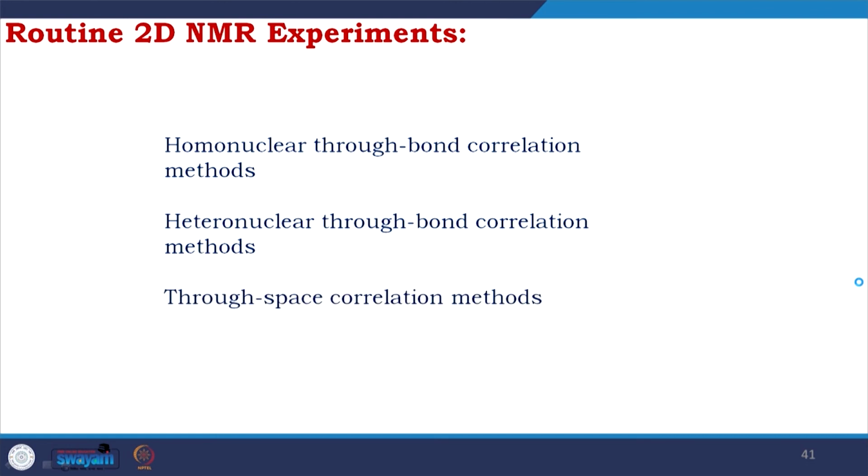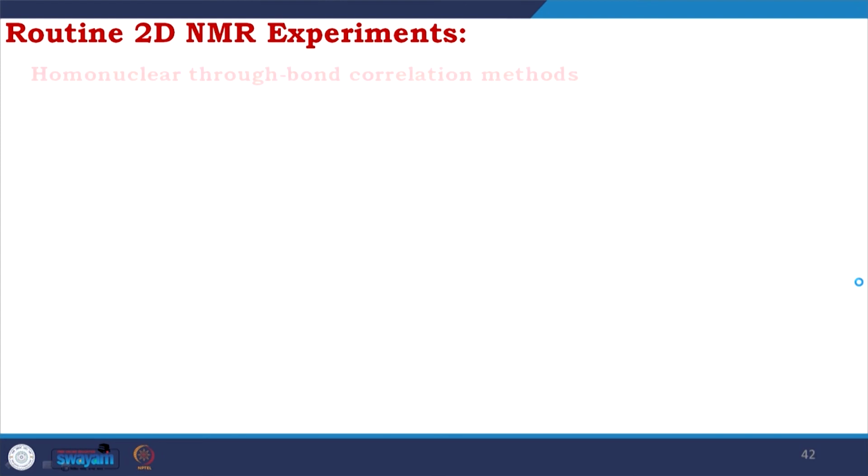It could be homonuclear through space or heteronuclear through space correlation. So, basically we have 4 types of routine 2D NMR experiments.